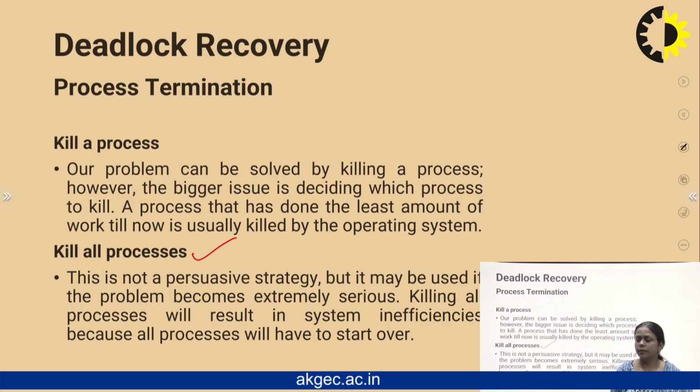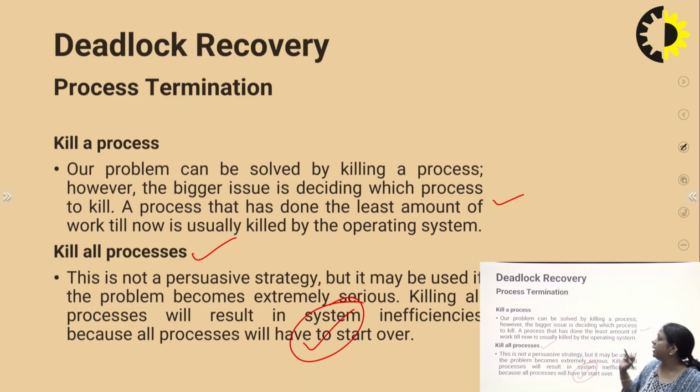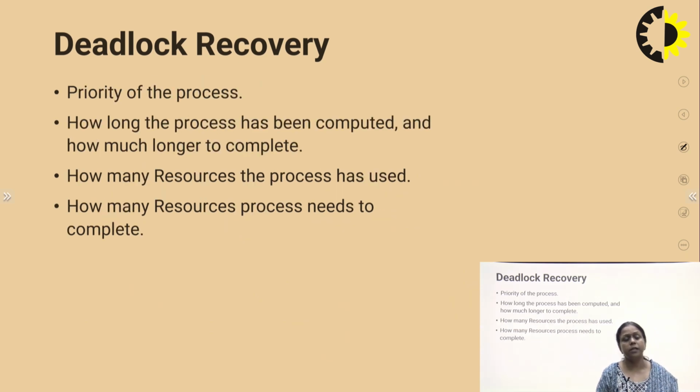But it is a very serious problem, and it has many losses, because it is not an efficient process. So we will mainly use the technique where we kill a particular process only. Now the question is, which process will be killed?